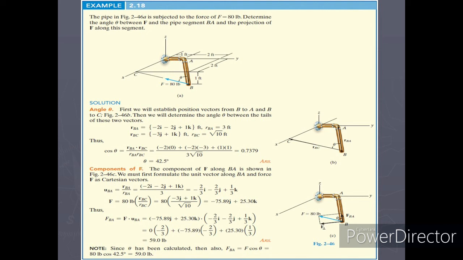Who agrees with him? Someone says it's clear. Look at x, look at y, look at z. Where they meet is the origin, this point. Simple. Am I right?